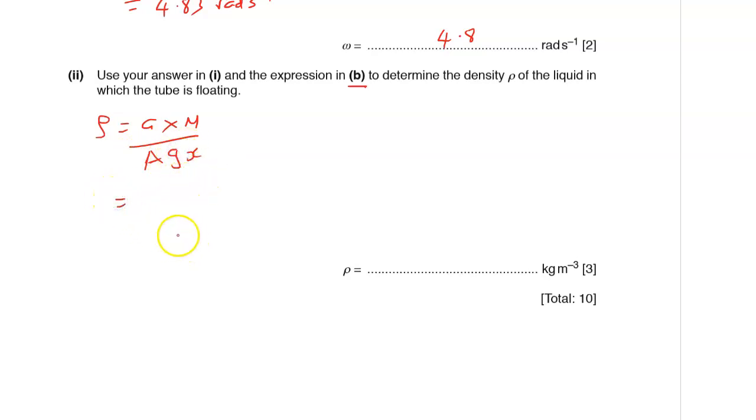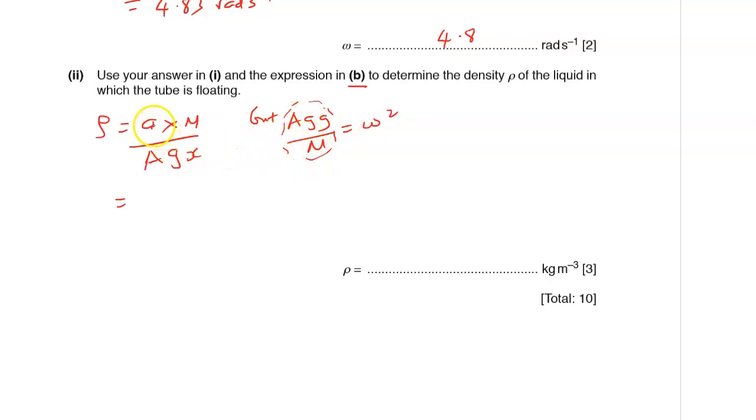Therefore, rho is basically what you have for the acceleration, but remember A rho g over m is omega squared, and using this you can substitute this value right here.